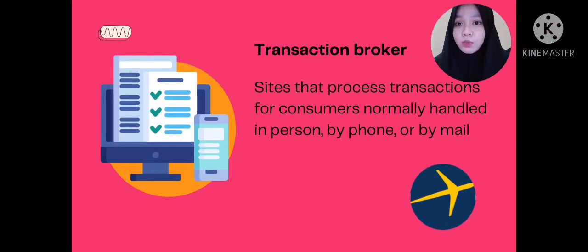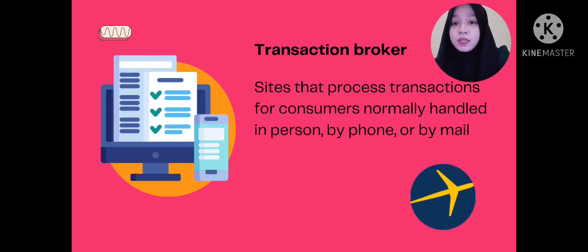Then we have transaction broker. A transaction broker is a site that processes transactions for consumers normally handled in person, by phone, or by mail. The largest industries using this model are financial services and travel services. It saves users money and time by processing online sales transactions and generating a fee each time transactions occur.